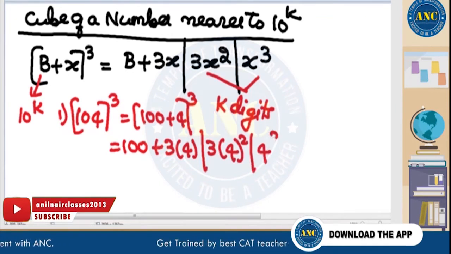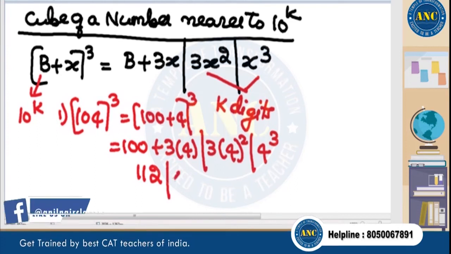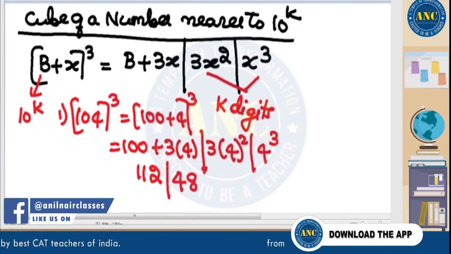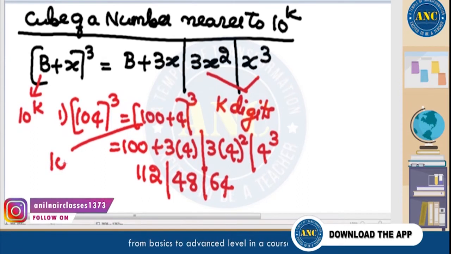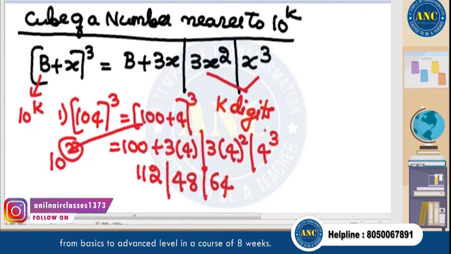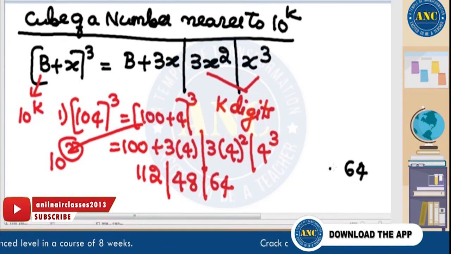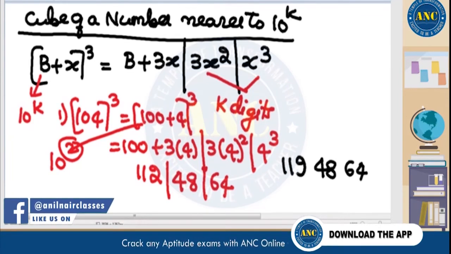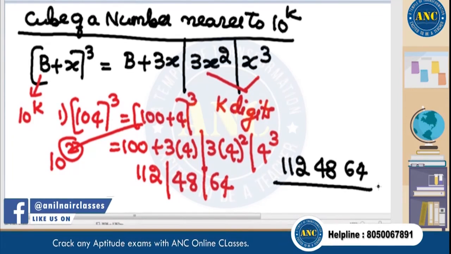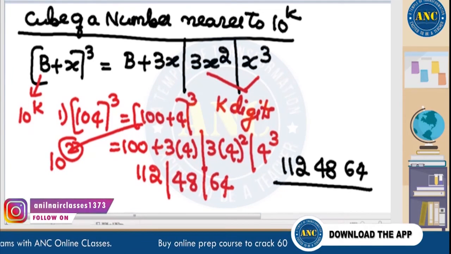Next is x cube. 100 plus 12 is 112. 16 3s are 48. 4 cube is 64. 100 is 10 square, so last 2 places are 2 digits. 64 is a 2 digit number. 48 is a 2 digit number. So answer is 1124864.